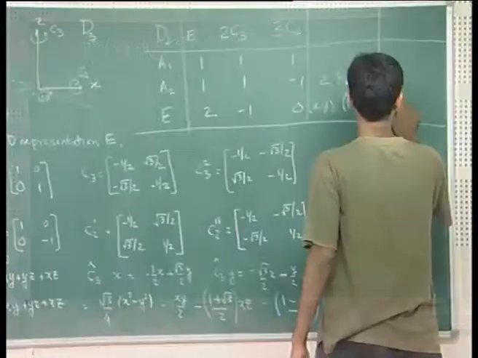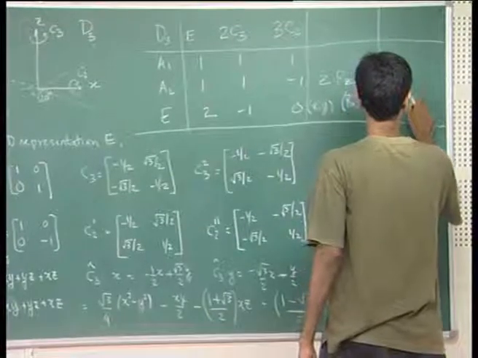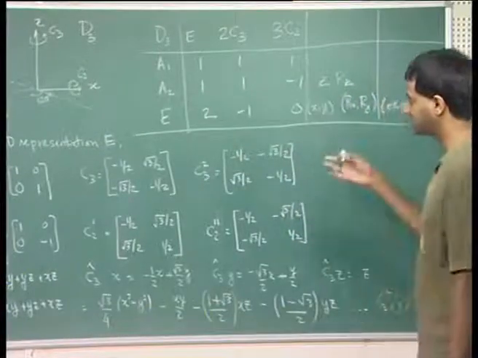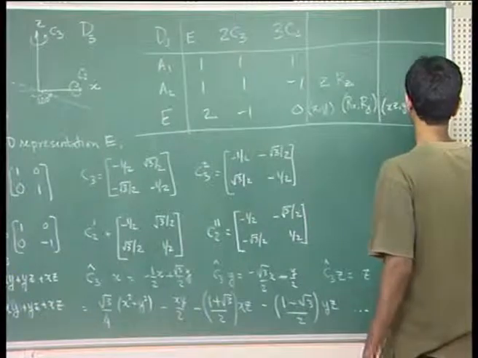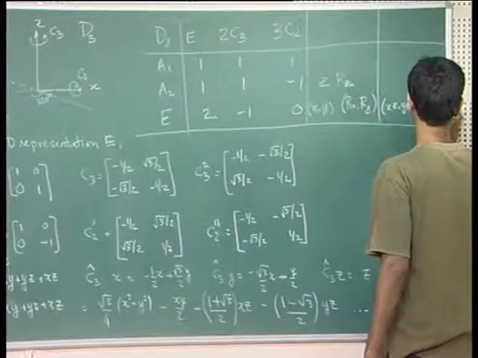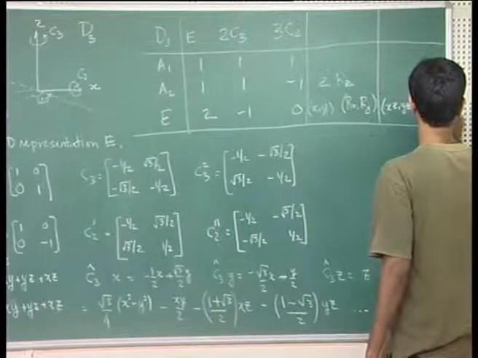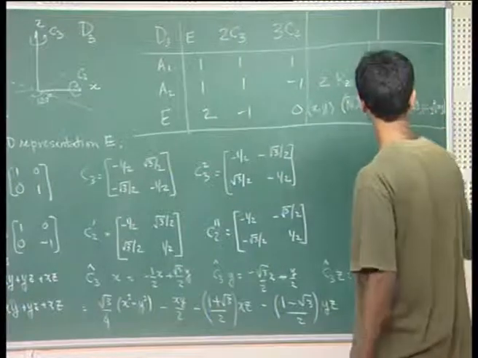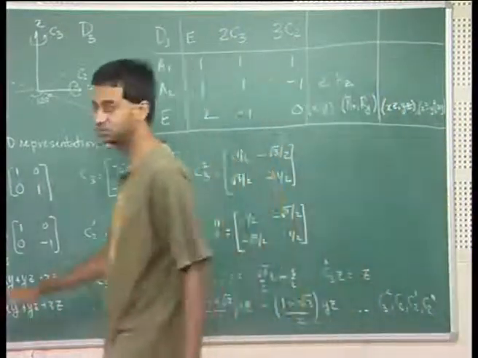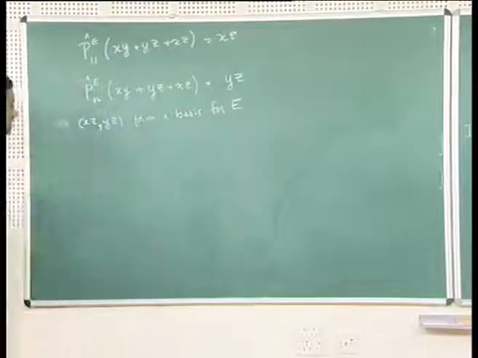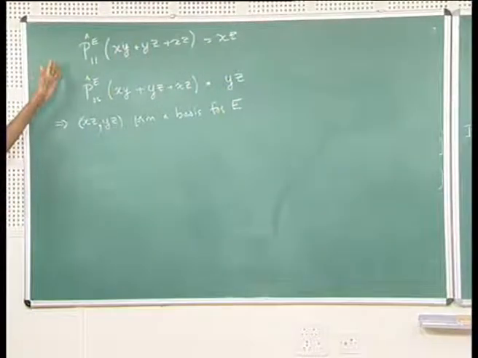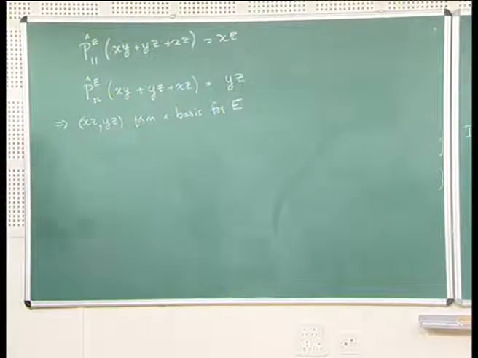In fact, there is another basis that can also be got from these projections, which is x square minus y square, xy. There were terms involving x square minus y square and xy, and it can be shown that they also form a basis.